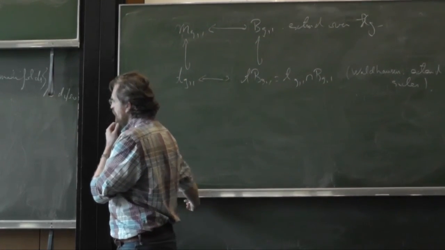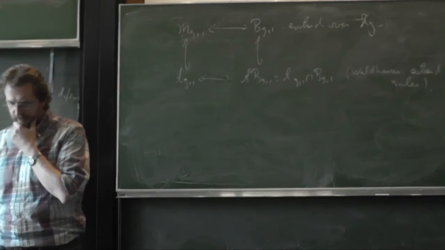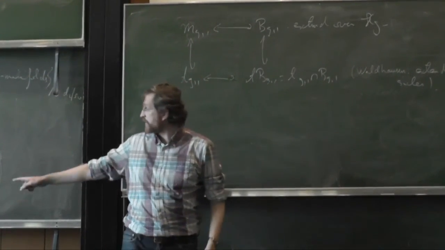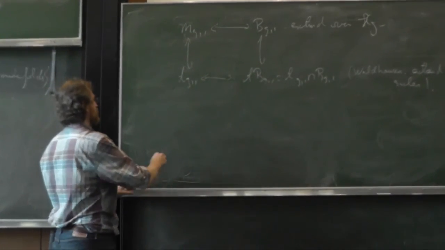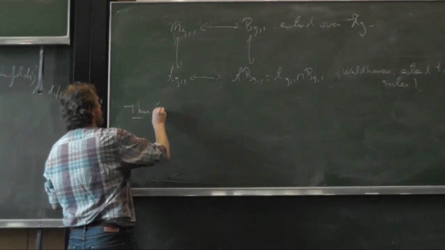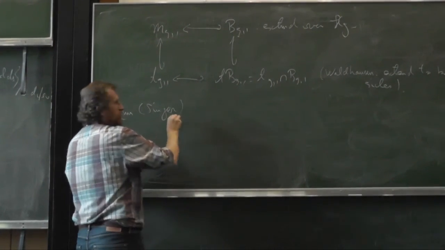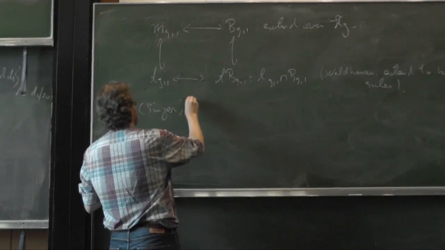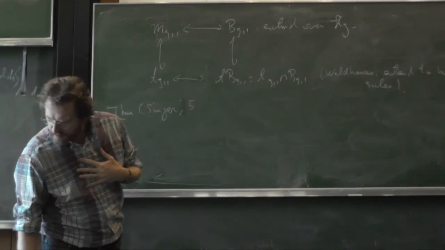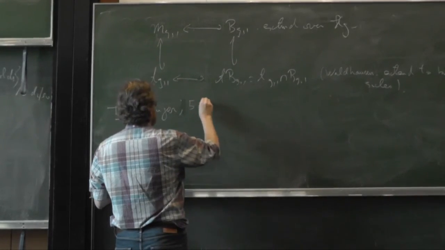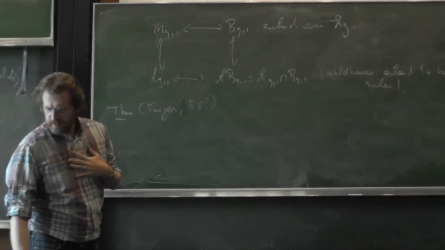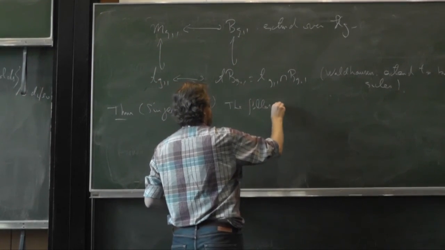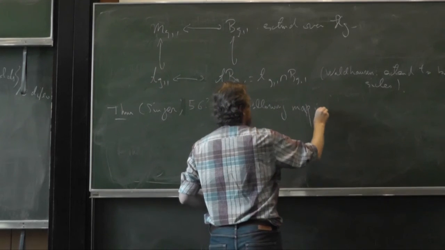Okay. And there is now this result that these two groups control completely the injectivity of this map in a very precise sense. There is a theorem by Singer, which is not the Singer theorem from, I think, 56, but I'm not sure, 66 or 53, and the following map is a bijection.